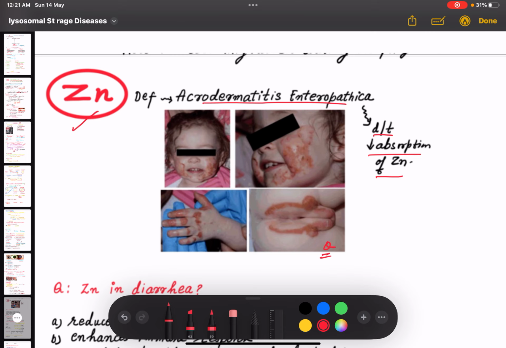And you will see the dermatitis over the peripheral parts, like over hands, over the genital area, over the face. Enteropathica means the intestines are involved, pathology in the intestines.